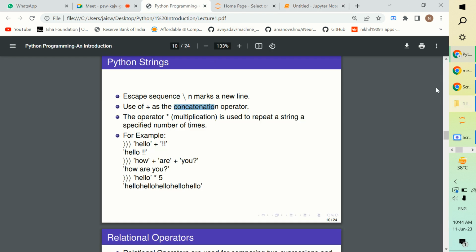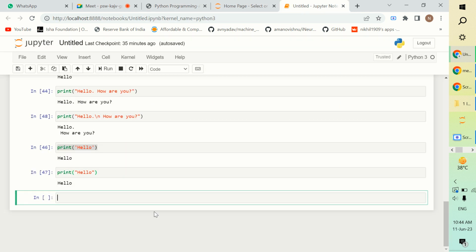Okay, so this plus operator, when we use it with strings, is called concatenation operator. This concatenation operator is used to add two strings. So let's say I want to write hi Sam.